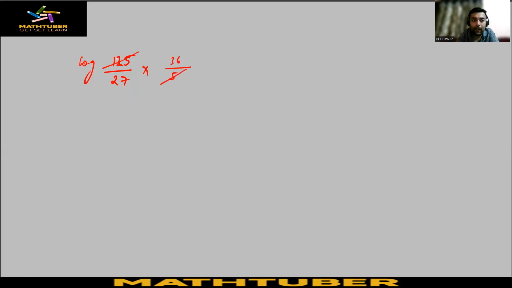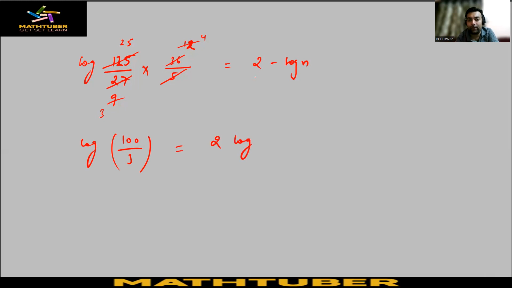So 5 will cancel here, this will be 25, and this can be cancelled with 3. 3 12s are 36, and 3 9s are 27. And again with 3. So 3 4s are 12, and 3 3s are 9, which is also equal to 2 minus log n. So now this becomes log of 100 upon 3 is equal to 2 minus log n, because 2 is a single term.